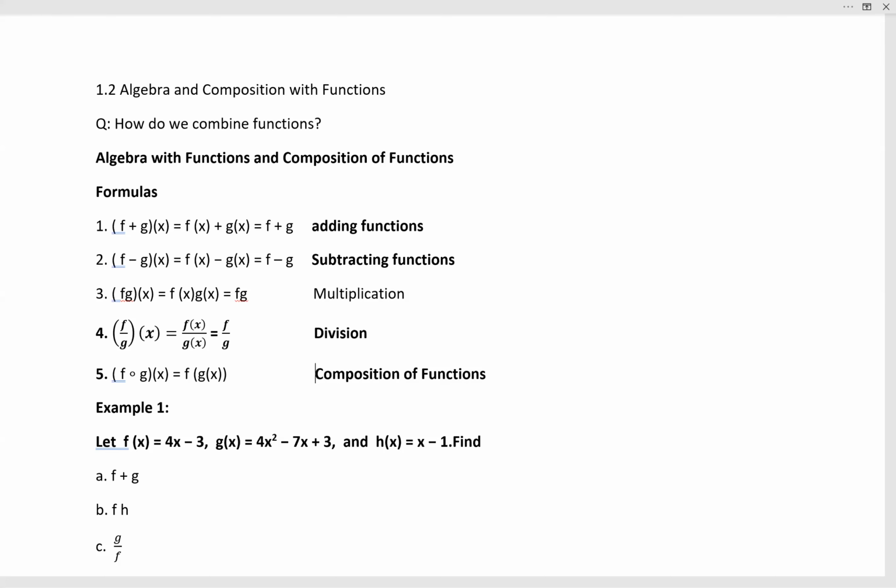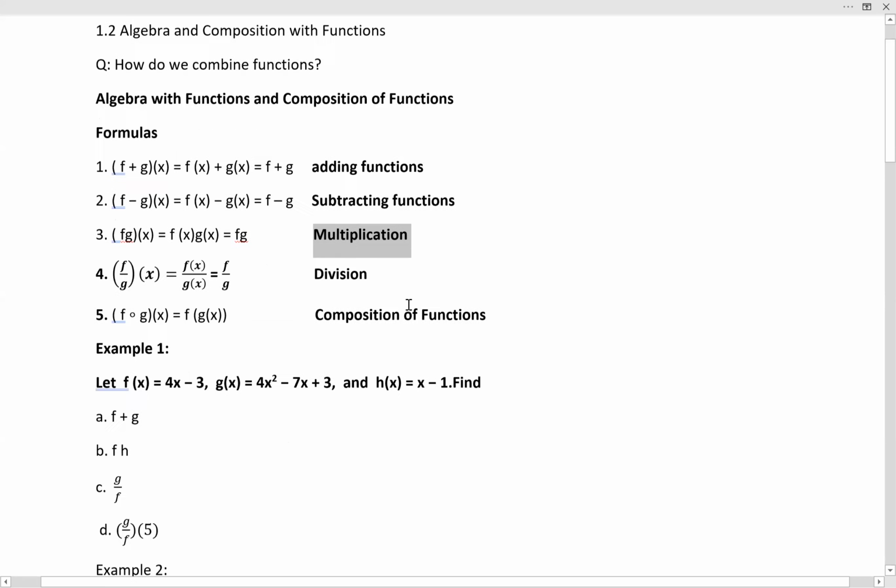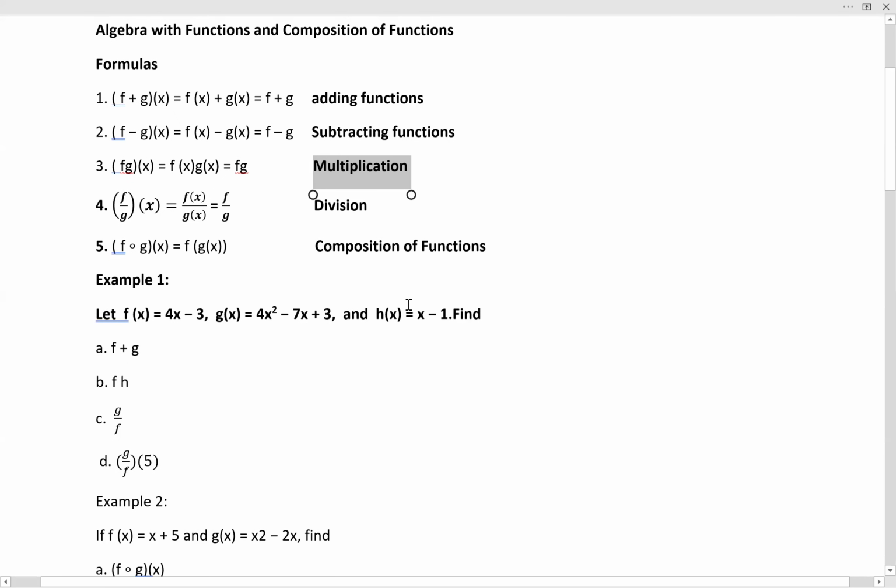So all this you have learned in college algebra, so I will just go quick on that. Okay. So let's do an example 1. Let f(x) equal 4x minus 3, g(x) equal 4x squared minus 7x plus 3, and h(x) equal x plus 1.